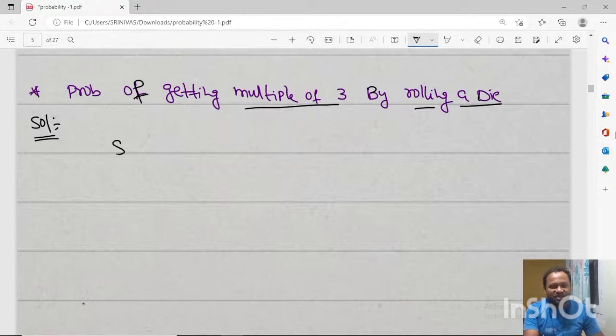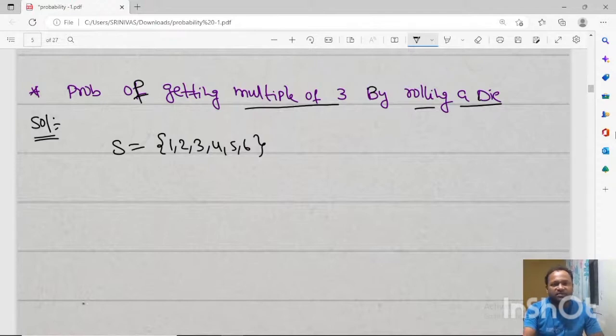Check what will be the answer. You will have a sample space. What is that sample space? 1, 2, 3, 4, 5, 6. This is the sample space.